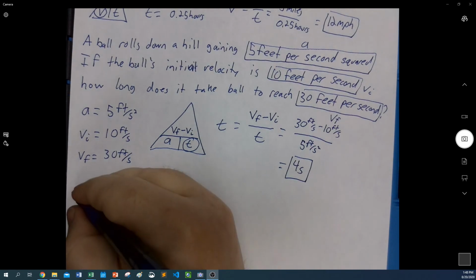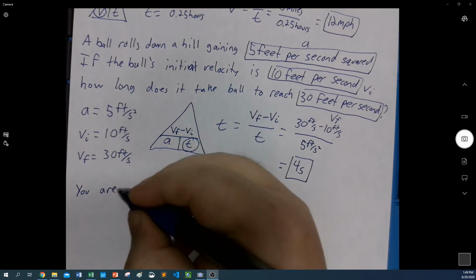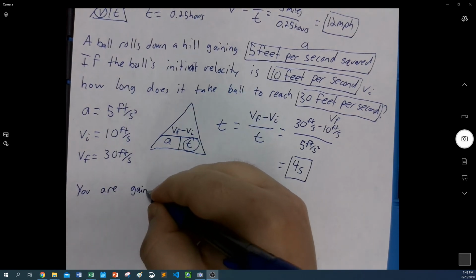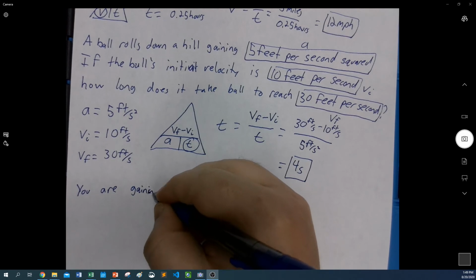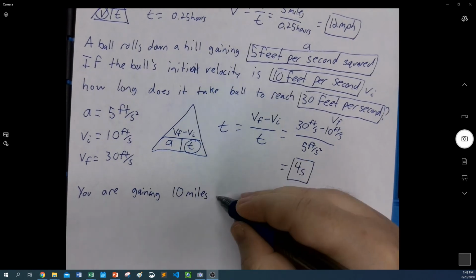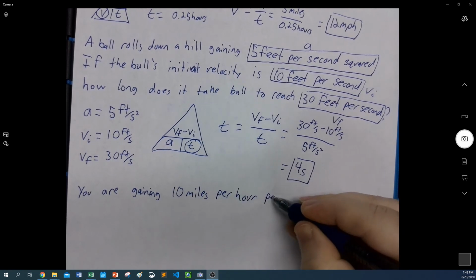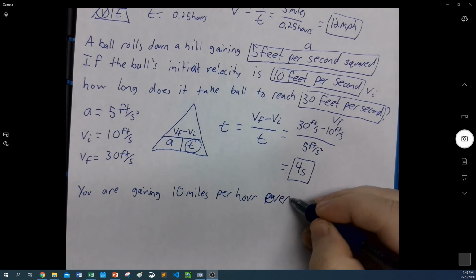Last problem, and I'll give out homework. You're gaining 10 miles per hour every minute.